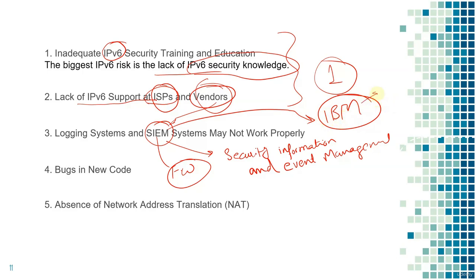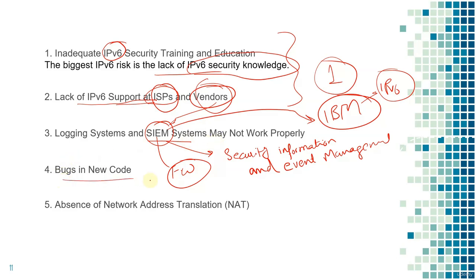If IBM is not aware or hasn't implemented IPv6 security in their applications, how are we going to mitigate those issues related to IPv6 attacks? So lack of security knowledge, lack of support, and these days applications are not IPv6 aware, which is another reason.